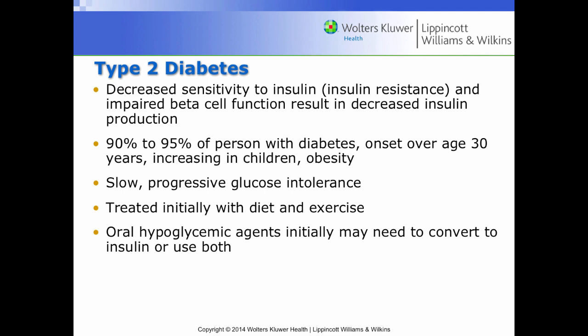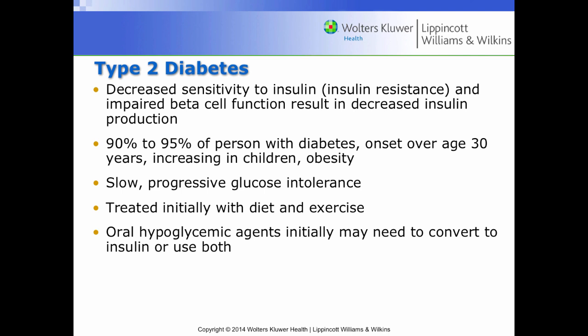They become less sensitive to insulin. So in response, the pancreas has to produce higher and higher levels of insulin to overcome that resistance. And that increased functional demand on the pancreas and the beta cells ends up causing chronic inflammation and chronic damage and impairment of beta cell function.